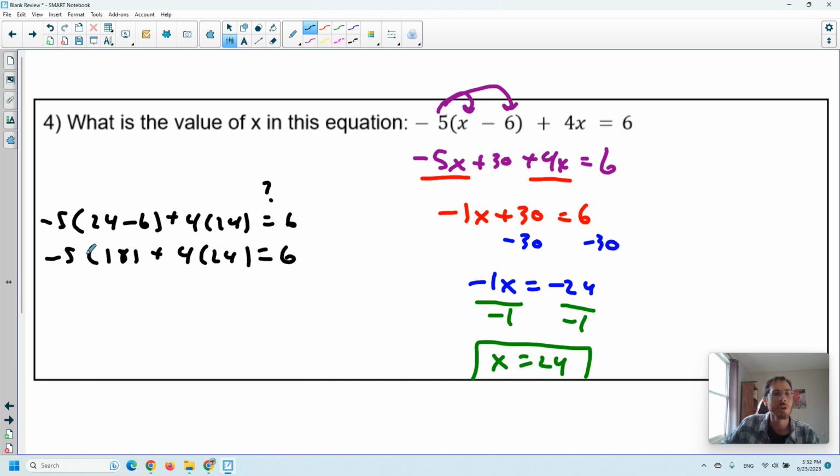After parentheses, we'll do the multiplying. So this is multiplying, this is multiplying. So that's negative 90. And this is like 4 quarters, but then minus a penny each, so that would be 96. So we get 6, and we do get 6 equals 6. So yeah, x equals 24 is the right answer. So that's it with number 4. Nice little regular equation.